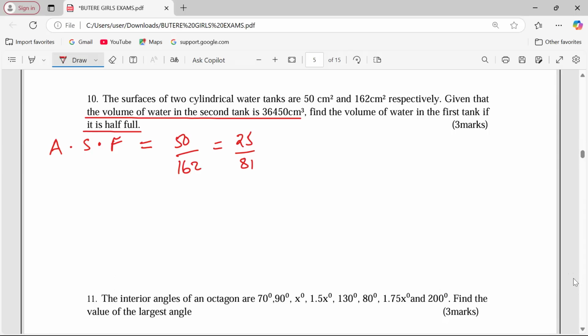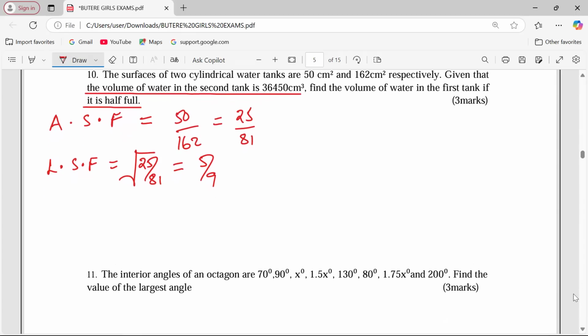It's good for you to know that because we are asked about volumes, we cannot relate area and volume directly. We must link them through what we call the linear scale factor. So the linear scale factor will be the square root of the area scale factor, which will be 5 out of 9.